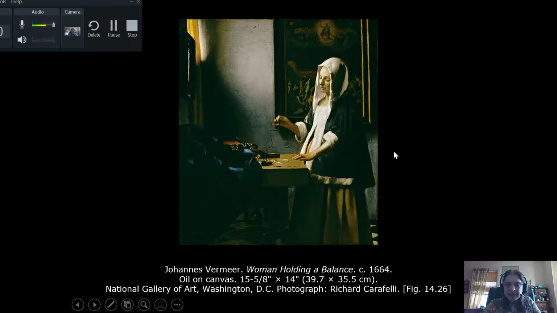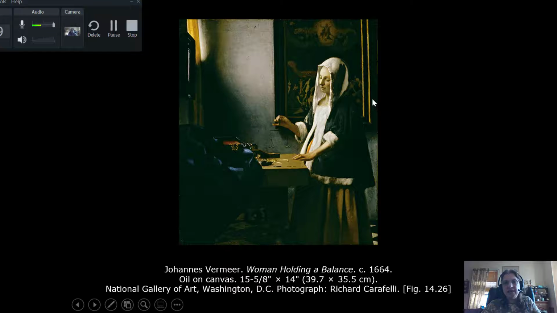So she's at this table and she has a balance and she has all these jewels on the table. So she's weighing out gold or something like that to see the value of things. She's bathed in this light, which doesn't really quite make sense, but it does make for a beautiful painting. And then if you look closely, what's behind her is an image of the Last Judgment.